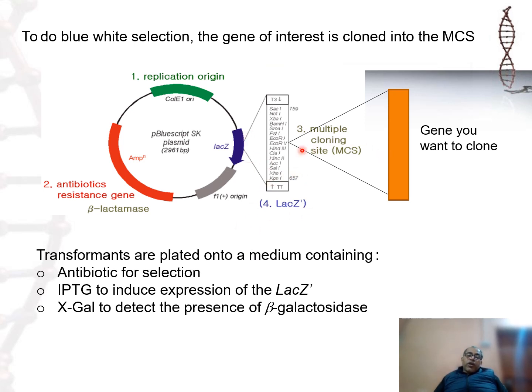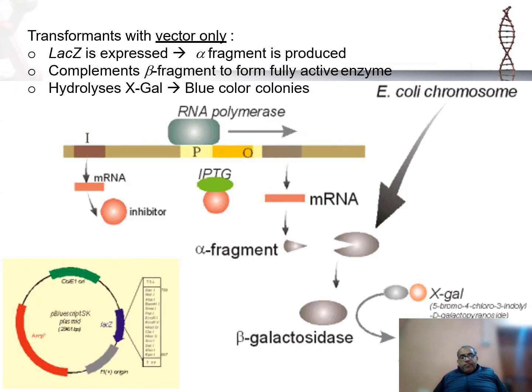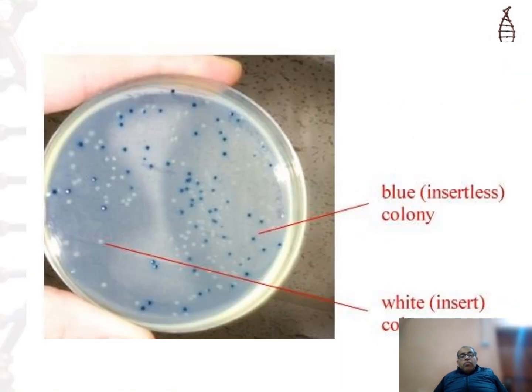However, when your insert is not present, the multiple cloning site remains as such, and the active form of beta galactosidase will be produced, and that results in a blue colony. So using the LacZ gene, we do blue-white selection of colonies. Here, for example, white colonies are with insert, while blue colonies are without insert.